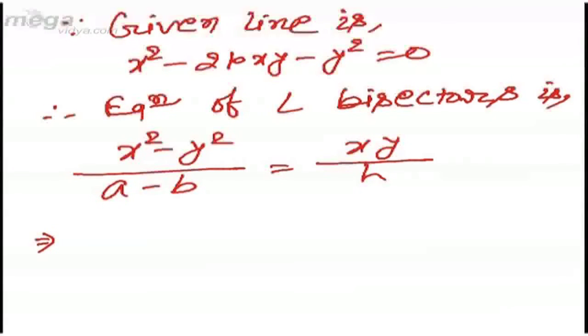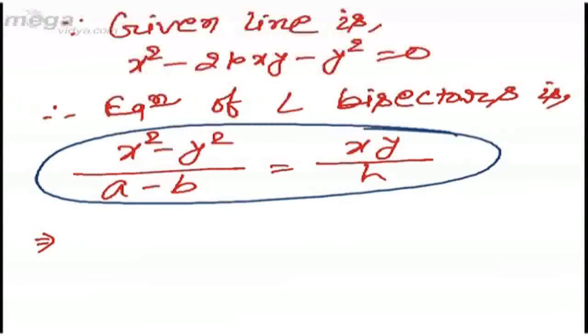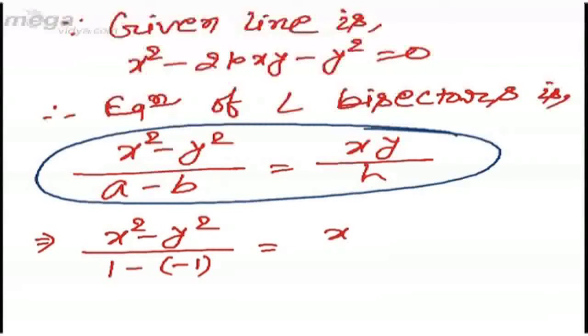This is the formula. So now we'll substitute here the values of a, b and h. a is 1, b is -1, h is minus p.